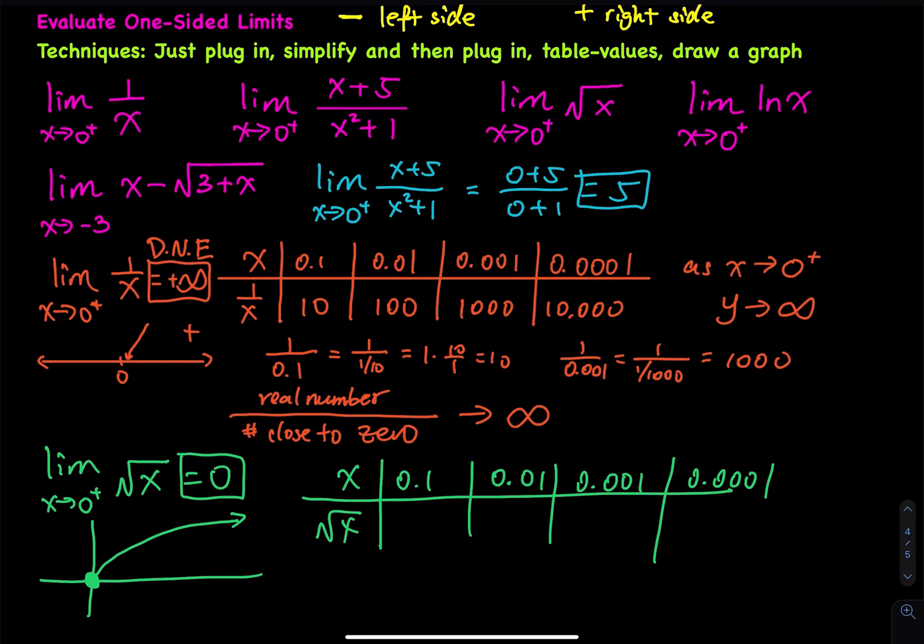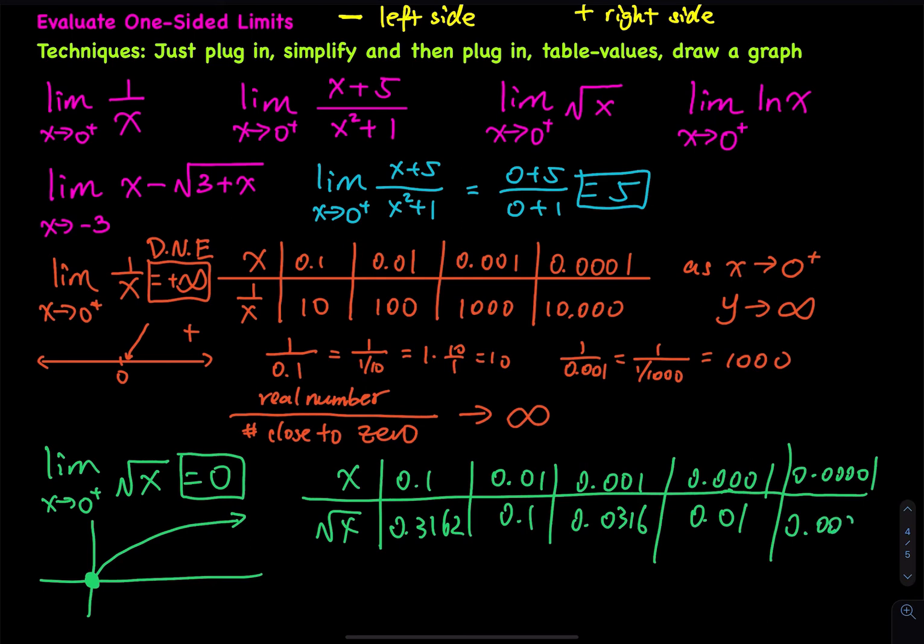If you take the square root of 0.1, you get 0.3162. For 0.01, this is 0.1, and for 0.001, this is 0.0316. For 0.0001, this is 0.01. And if you try one more, that is going to equal 0.0032.